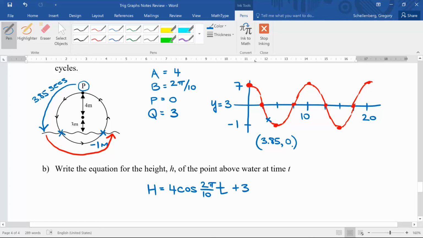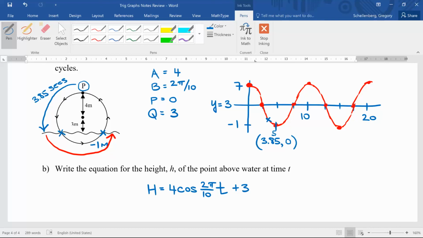Now this is where we can use our significant points. Our min point here, well, that's half a period. So it's going to be 5 seconds. How much time is between 3.85 seconds and 5 seconds? Well, that's 1.15 seconds.